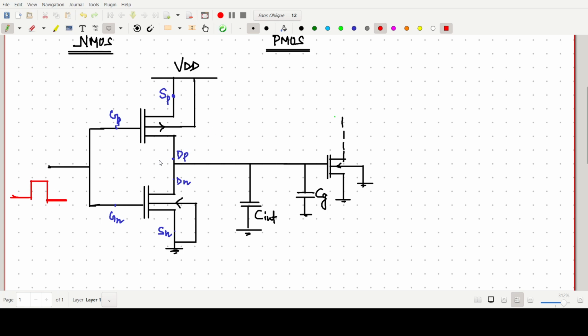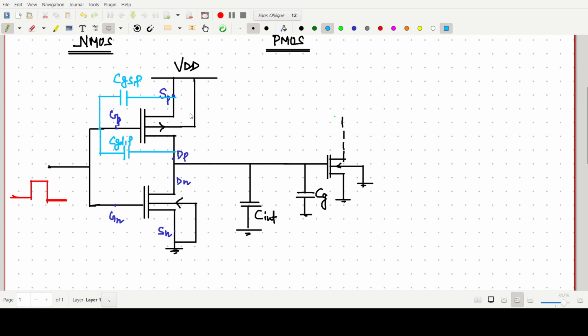Now you have to analyze the different capacitances. The very first capacitance here is our C gate source of P, very similar to the previous one. One more capacitor is our C gate and drain of P, between the gate terminal and drain terminal.